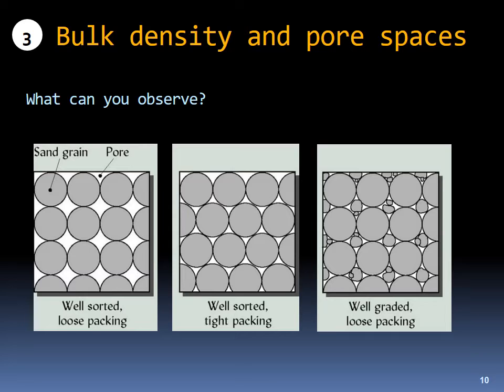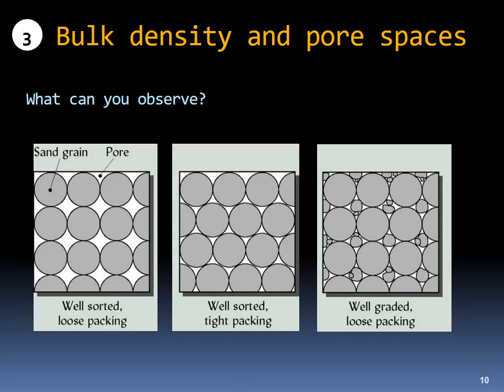However, when you compress these particles, when you compact them, the spaces between the particles will be a little bit occupied, and since you have to fill the same volume, you end up with less pore spaces. And what does that do to the bulk density? Now think about it.